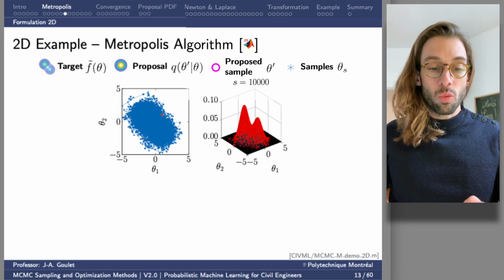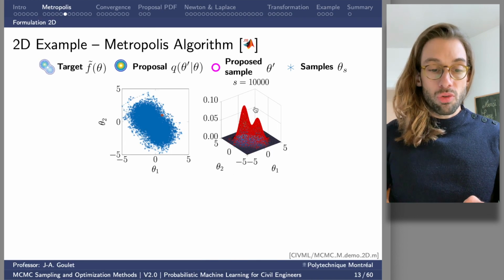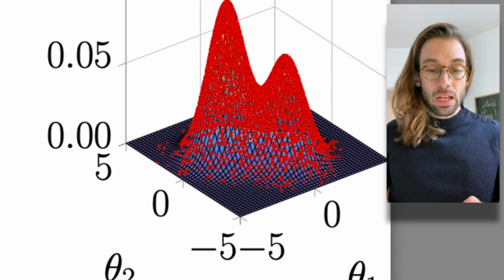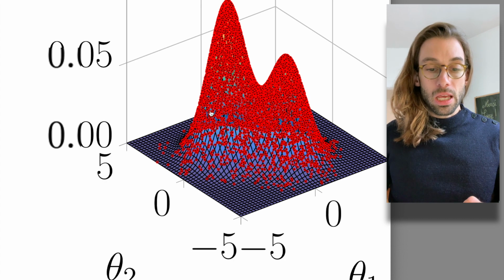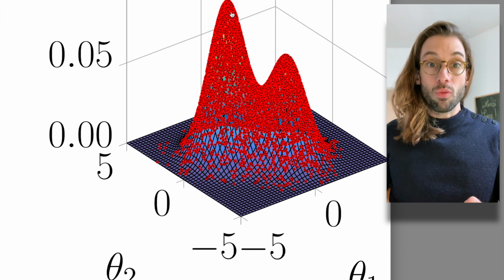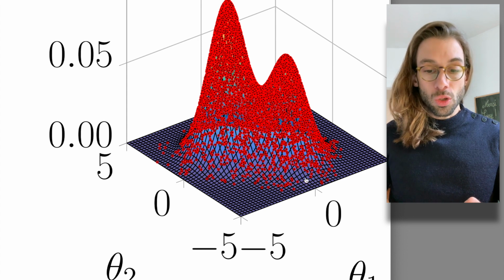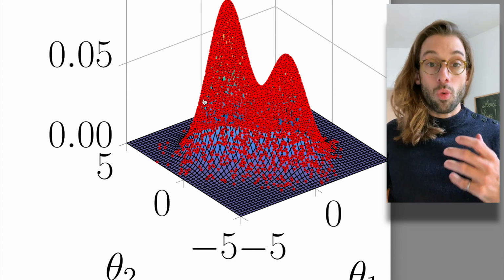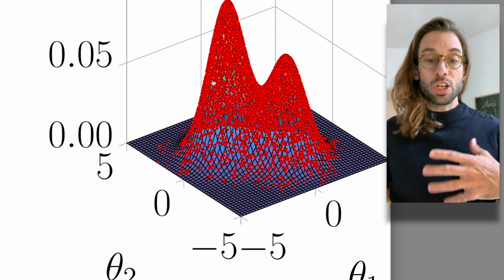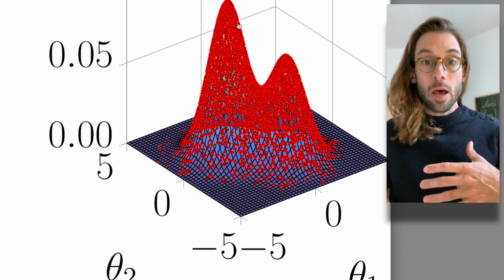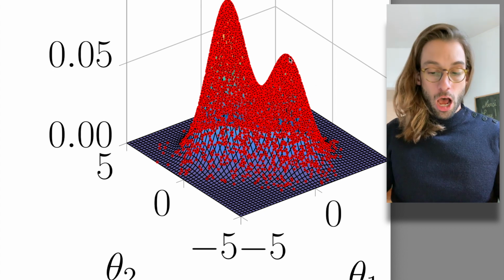With 1,000, with 10,000, we can really see that the density of points is proportional to my target PDF. The higher the target probability, the more samples we see, because the random walk ends up in those regions more often.